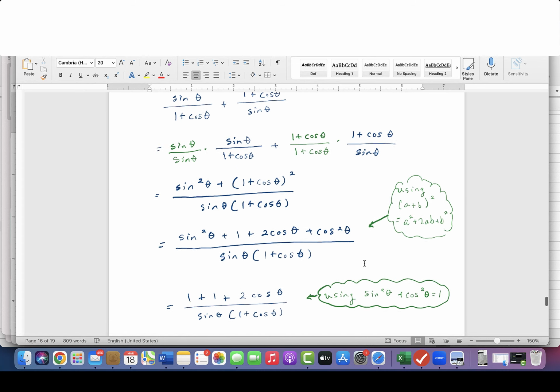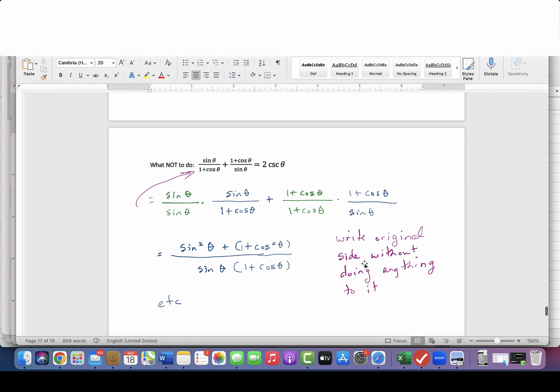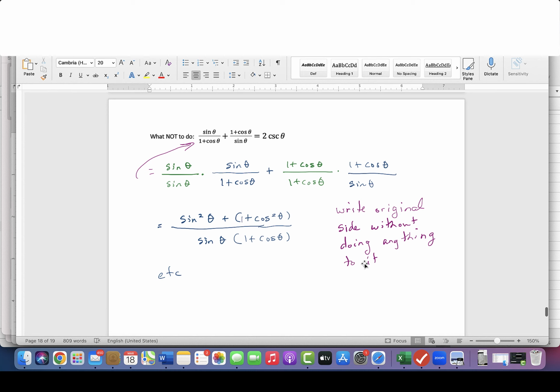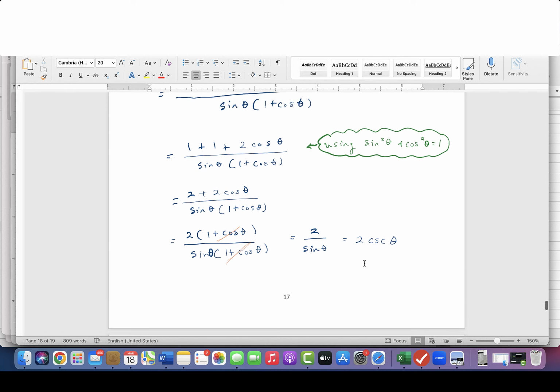Let's go down a little further because there's something else I pointed out for what not to do. And that is don't start in doing things to the side that you're starting with. So in this example, I think I did it the correct way just above there.